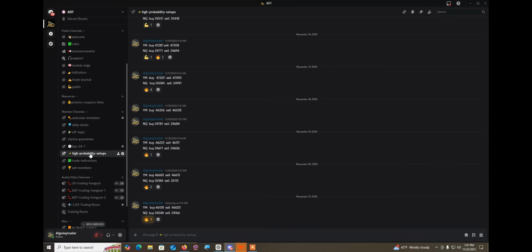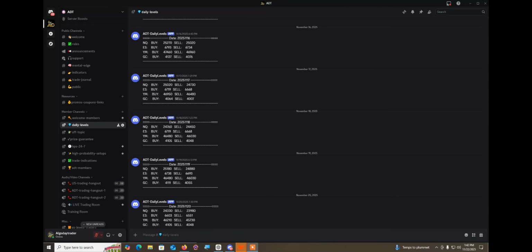This is the same HPS signal, but that's for NASDAQ and the YM, posted shortly before the New York session opens. Daily levels are posted in Discord as well, and they include gold, S&P, NASDAQ, and the YM. Now, unlike HPS triggers, these are targets. The numbers you see here are actual targets for these instruments.